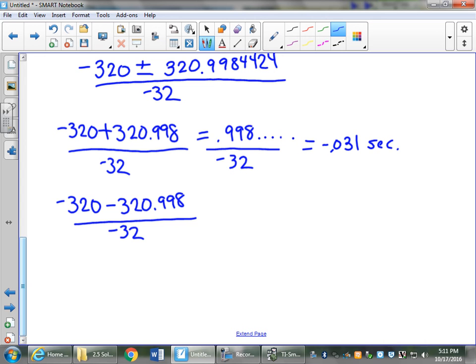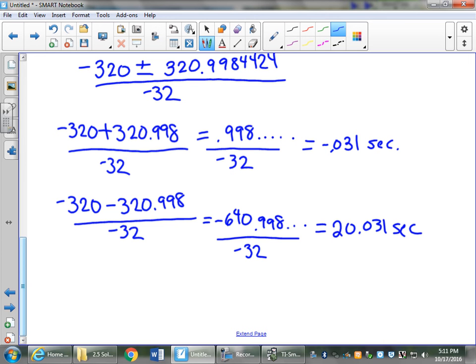The second one, negative 320 minus 320.998, etc., is going to give me negative 640.998, etc., over negative 32. And if I divide those, I'm going to get 20.031 seconds.